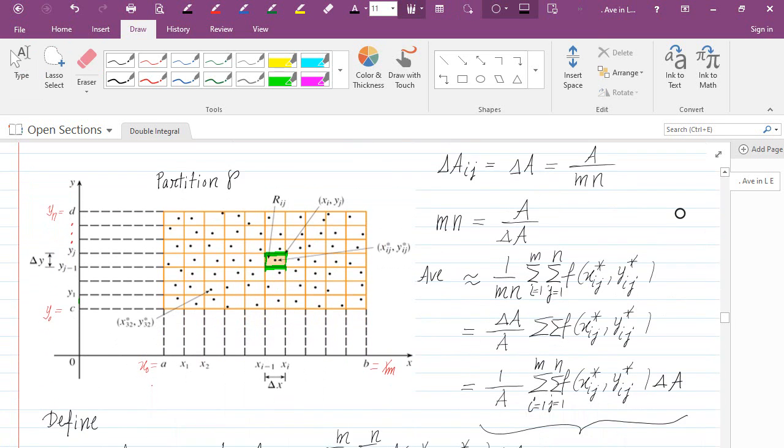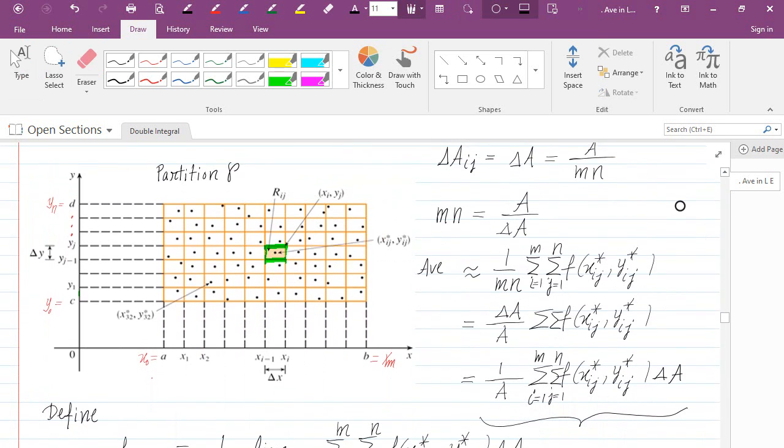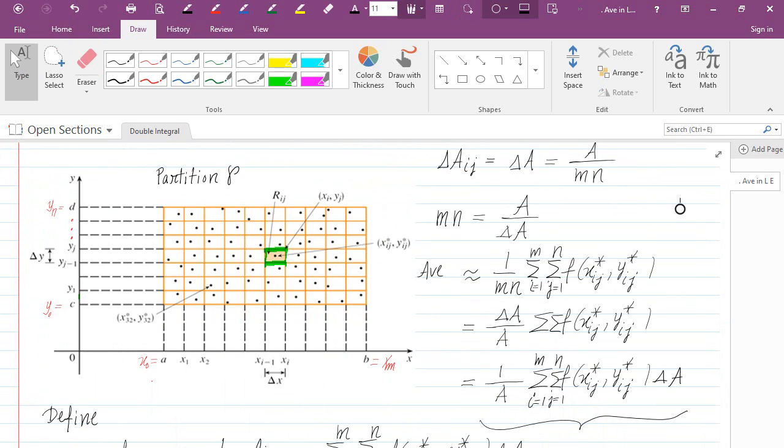Well, let's say here we have the rectangle R, where the rectangle is determined by the interval from a to b along the x-axis and the interval from c to d along the y-axis. We are going to pick a partition P of this rectangle.